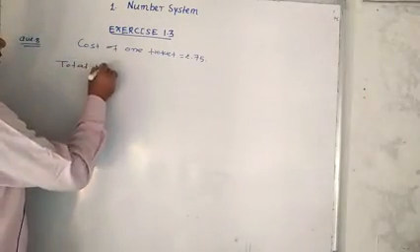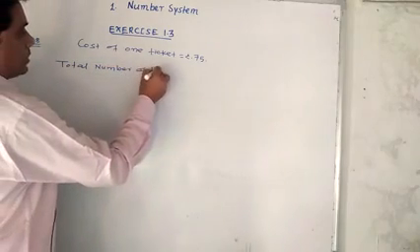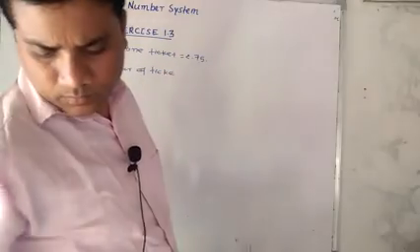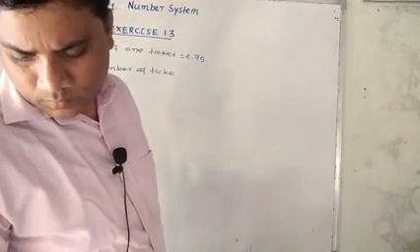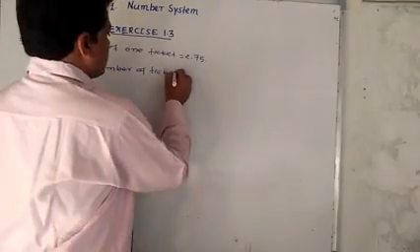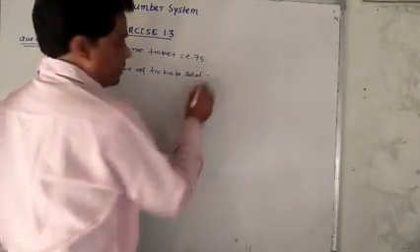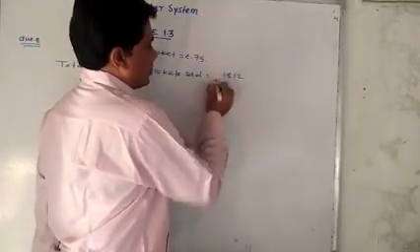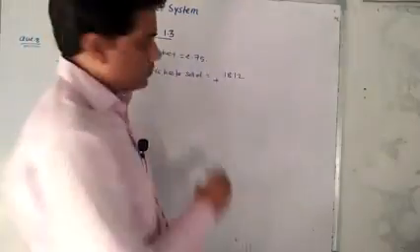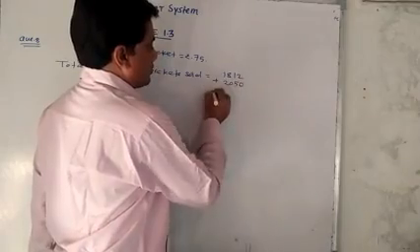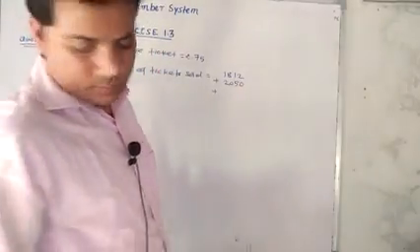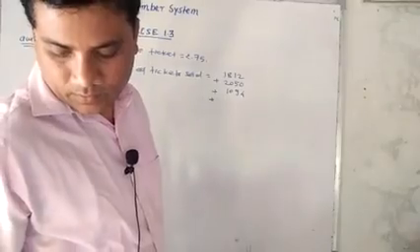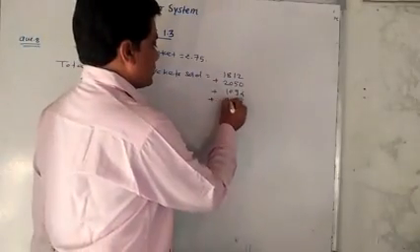Total number of tickets sold is equal to 1812 plus 2050 plus 1094 plus final 2751.